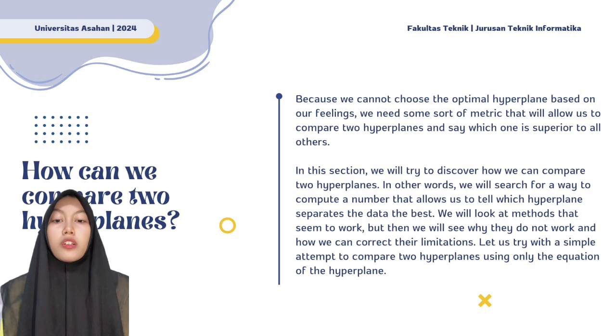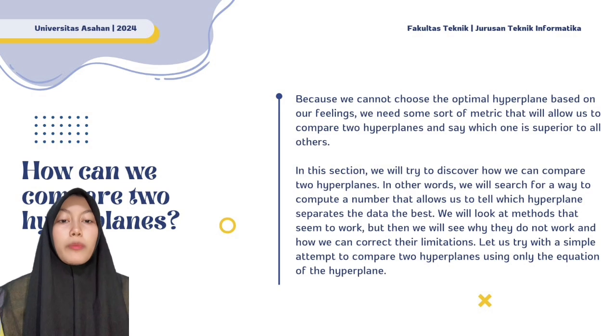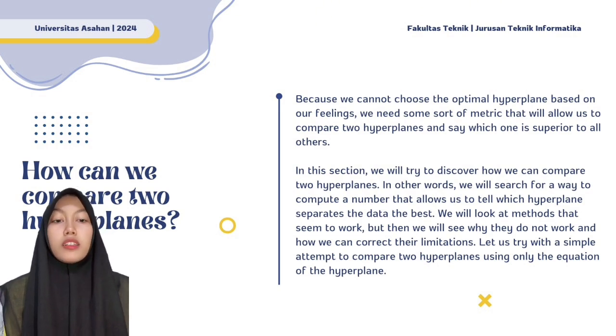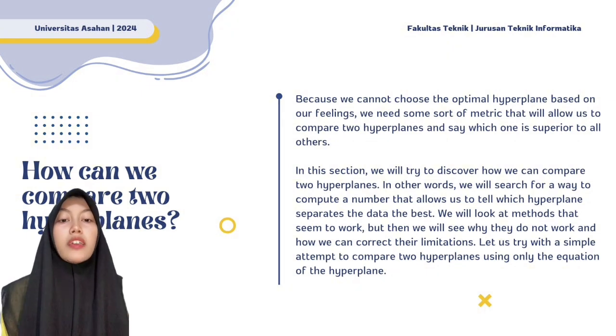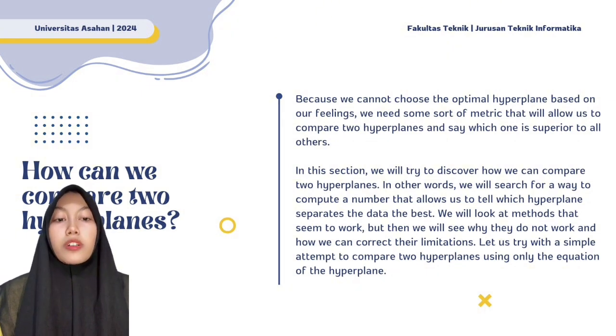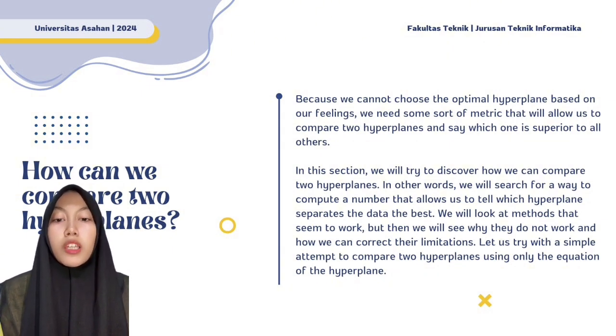How can we compare two hyperplanes? Because we cannot choose the optimal hyperplane based on our feelings, we need some sort of metric that will allow you to compare two hyperplanes and say which one is superior to all others. In this section, we will try to discover how we can compare two hyperplanes.